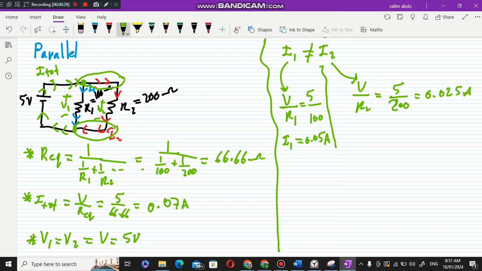Now what do you notice? If you add current 1 to current 2, you will get the total current. So I total can be found in another way, which is adding I1 plus I2, which is also equal to 0.075.